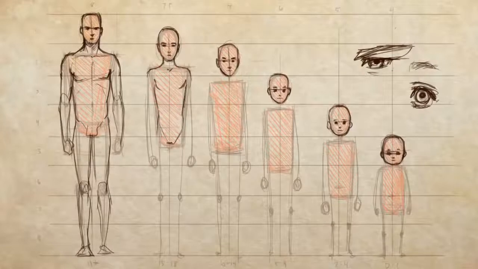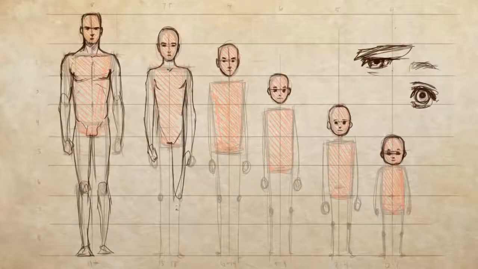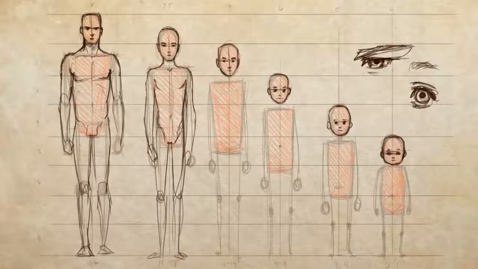And this is what's going to give you the different age. The hands in there. The thighs aren't going to be as big as an adult. And same thing as you go younger.